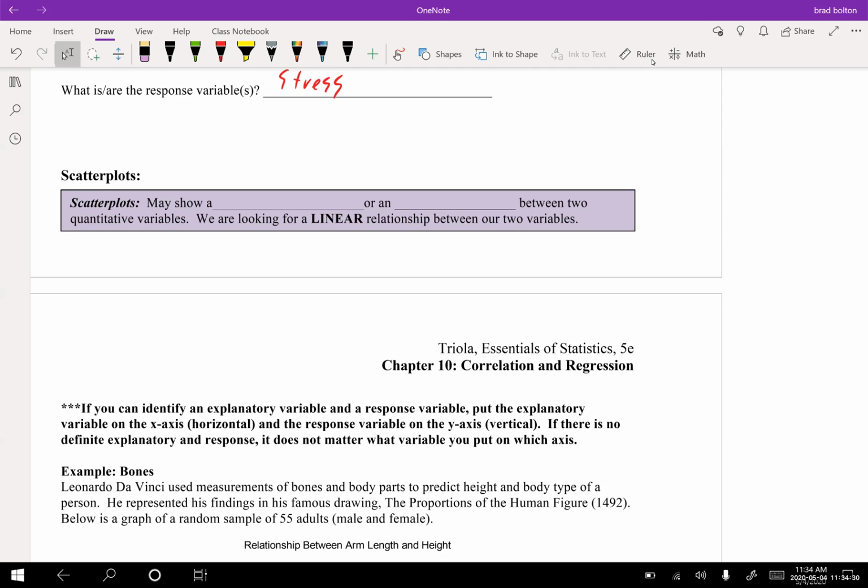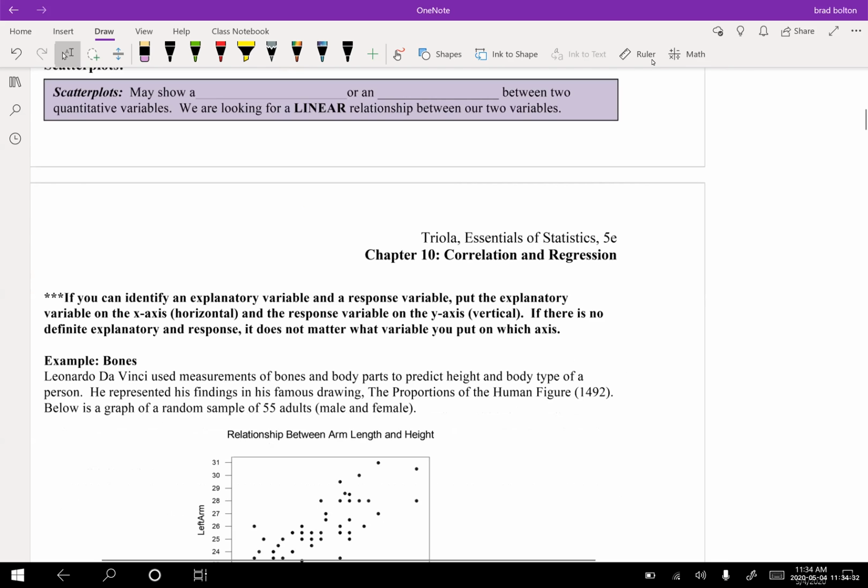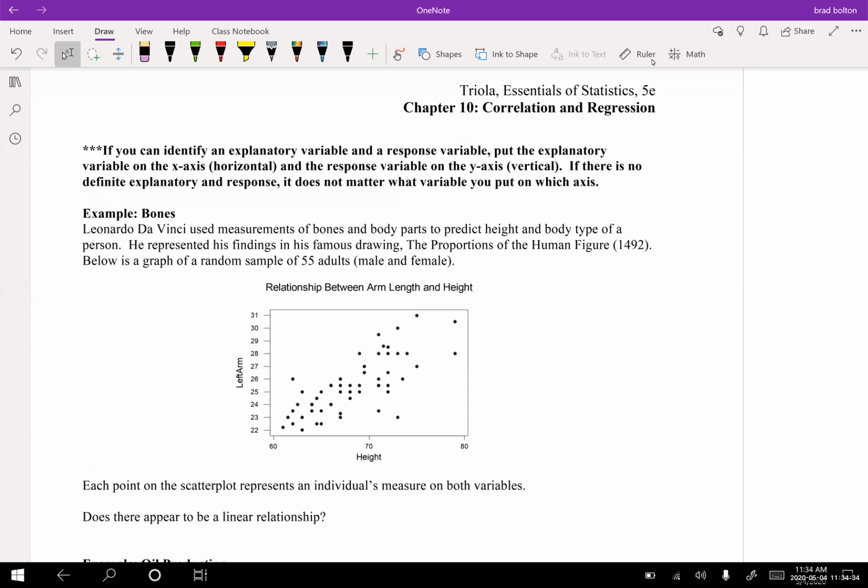We are looking for linear relationships between our two variables. Okay, so there is such a thing as a correlation, and then a specific type for our class will be a linear correlation. Okay, it says if you can identify an explanatory variable, put the explanatory variable as the X and the response variable as the Y in general. If you can't, then you just do the best you can.